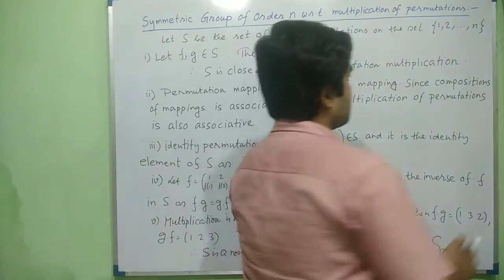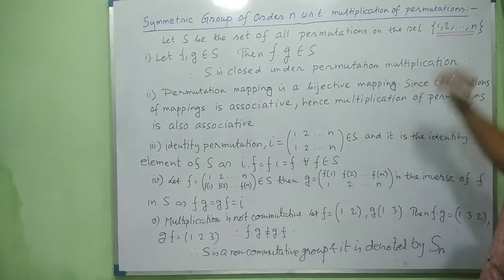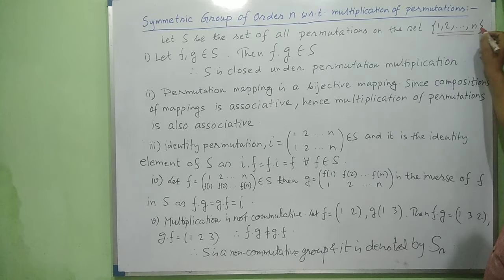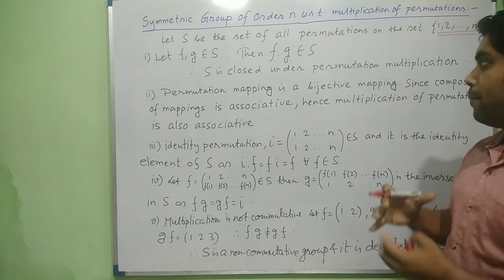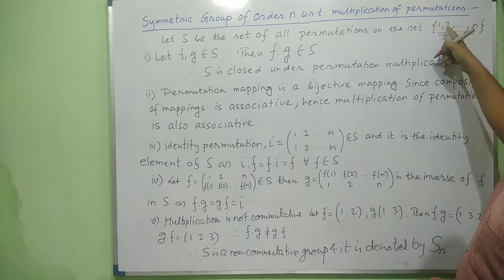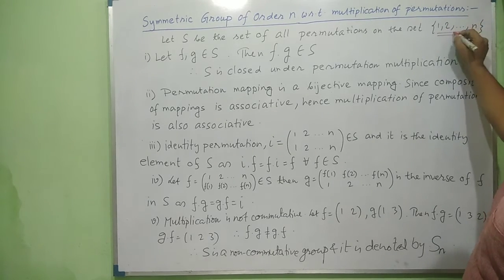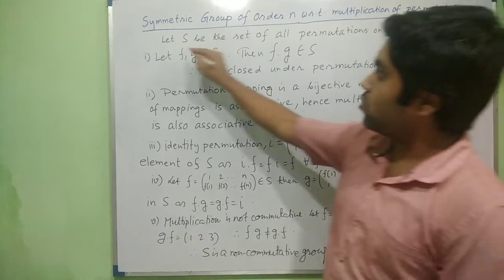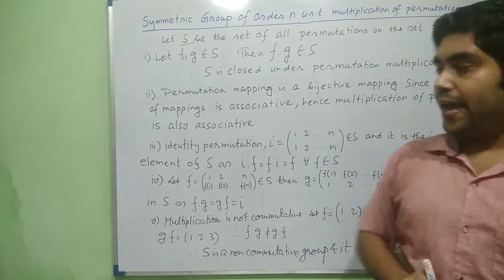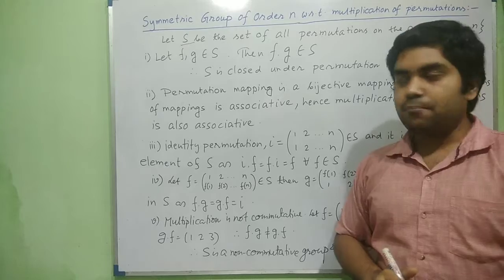So first of all, we consider a finite set with n elements, and the elements are 1 to n, and we make a collection of all permutations on the set 1 to n, and we name the set of all permutations as S, and we know that all the permutation mappings are bijective mappings.